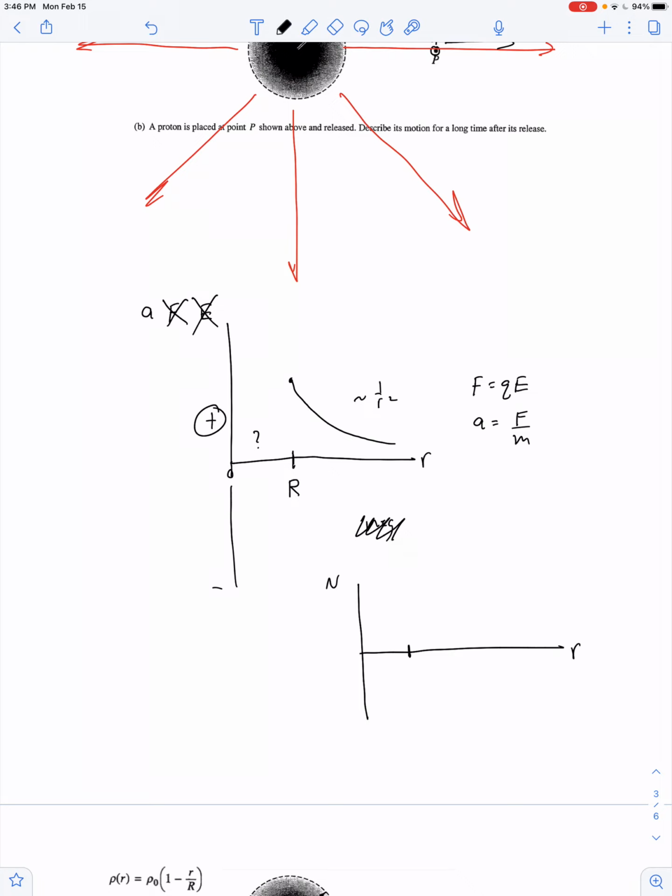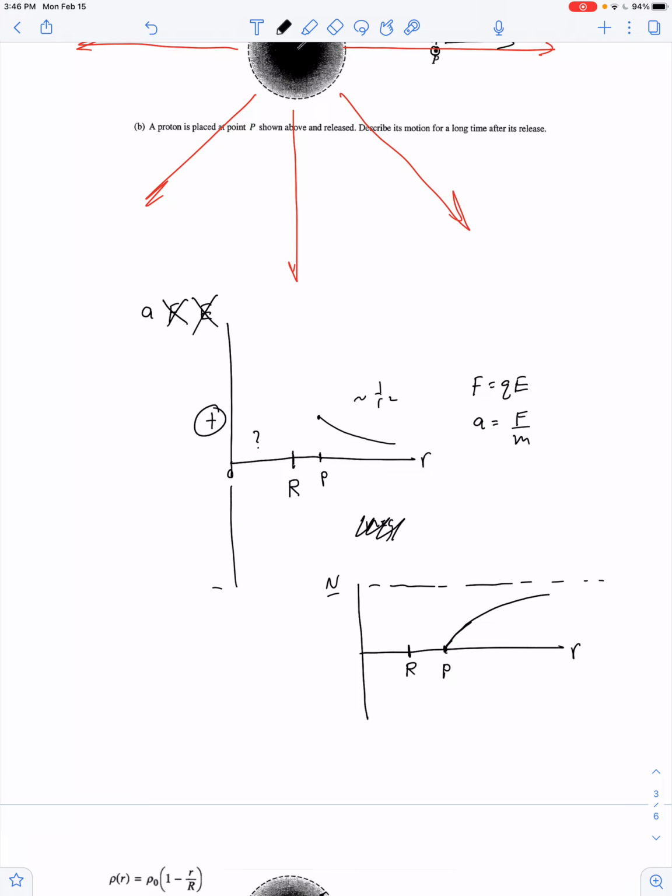Okay, so this is if it was released from the surface of the cloud, but our proton was released from point P. So there's the surface, there's point P. So the velocity starts out at 0, it's released from rest at point P, and then because the acceleration is positive, that means the slope of our graph for velocity is positive, but eventually it approaches an asymptote.